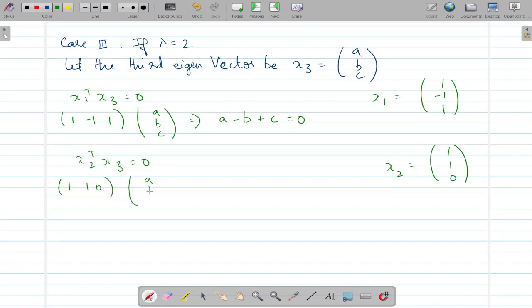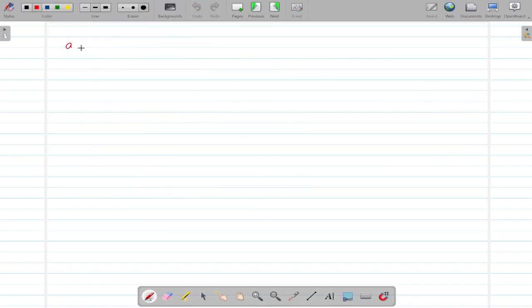Then multiply with a, b, c: first element with a, second element with b, third element with c equal to 0. So let me write these equations: a plus b plus 0c, equations 7 and 8.